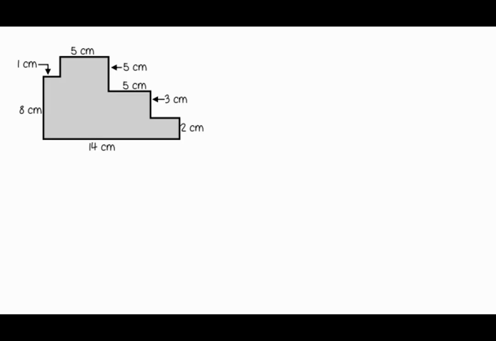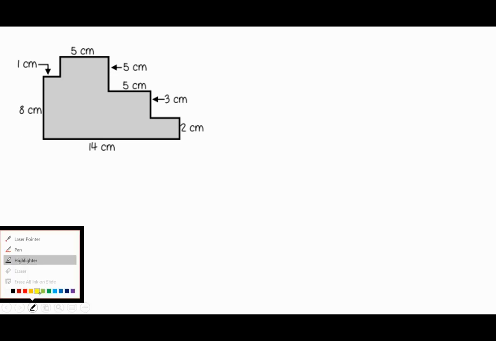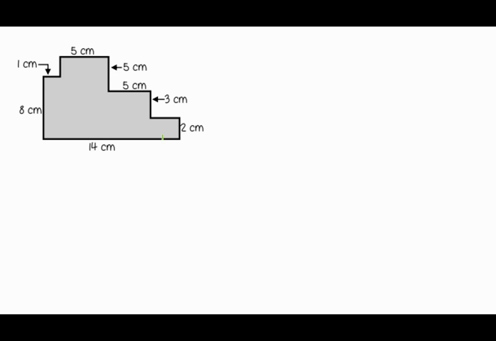Okay, so here we go. This is our first problem, a pretty standard one. We're going to highlight the sides that have a number associated with them. This one has 14, this one has 8, here's 1, and then there's a missing one right here.